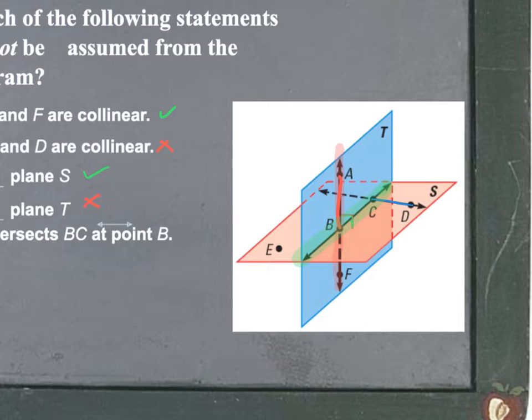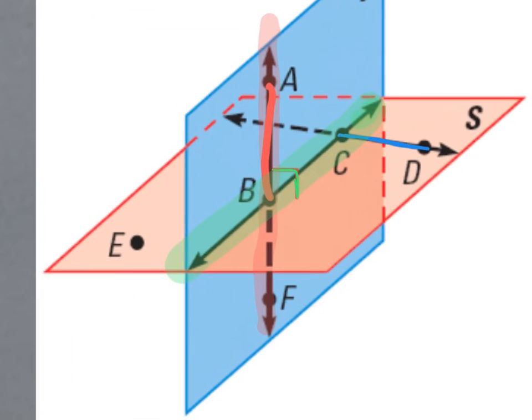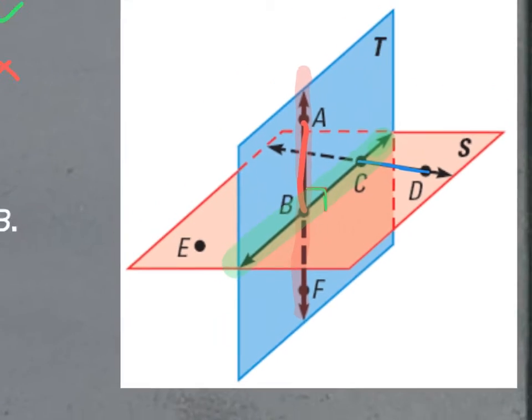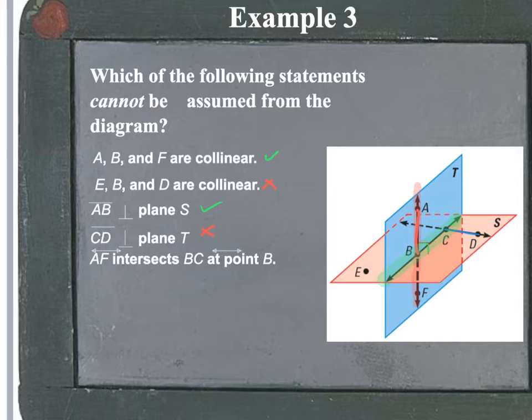Those two things intersect at point B. Can we assume that? Yes, we see them intersecting at point B. There's even a point right there, and both lines are going through it. That one we can also assume, because they're showing us that. I can see that. I didn't have to add any information to make that happen. That's already shown there.